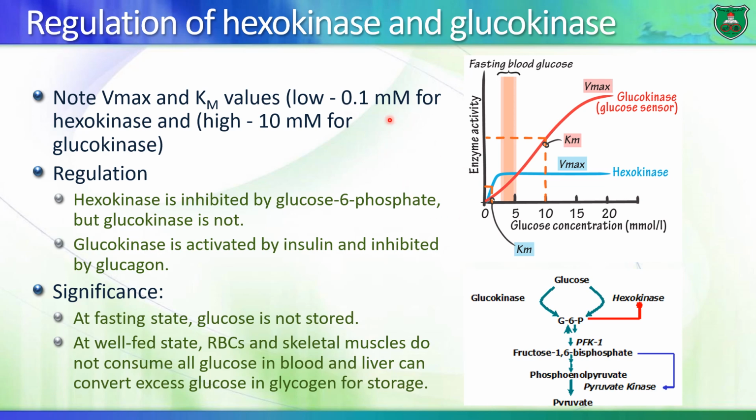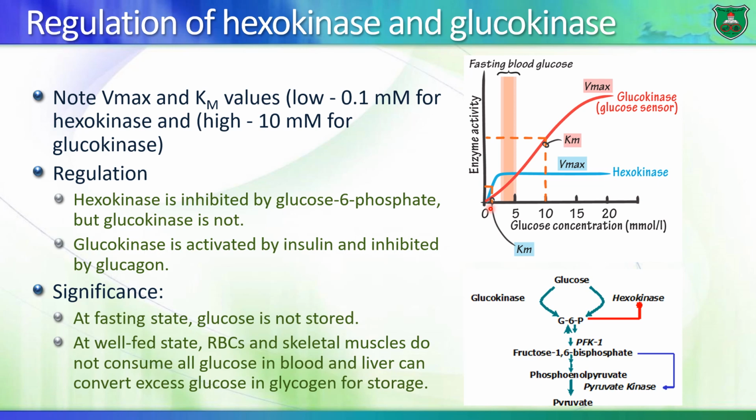It's about 0.1 millimolar. Remember, Km is the substrate concentration whereby the velocity of a reaction is 50% of Vmax. So that's 50% of Vmax, go down. This is the value of Km for hexokinase.